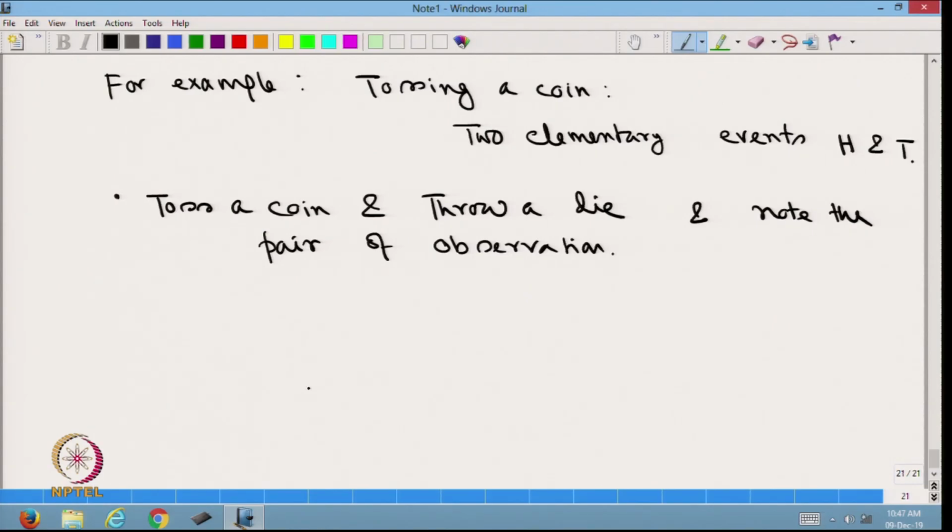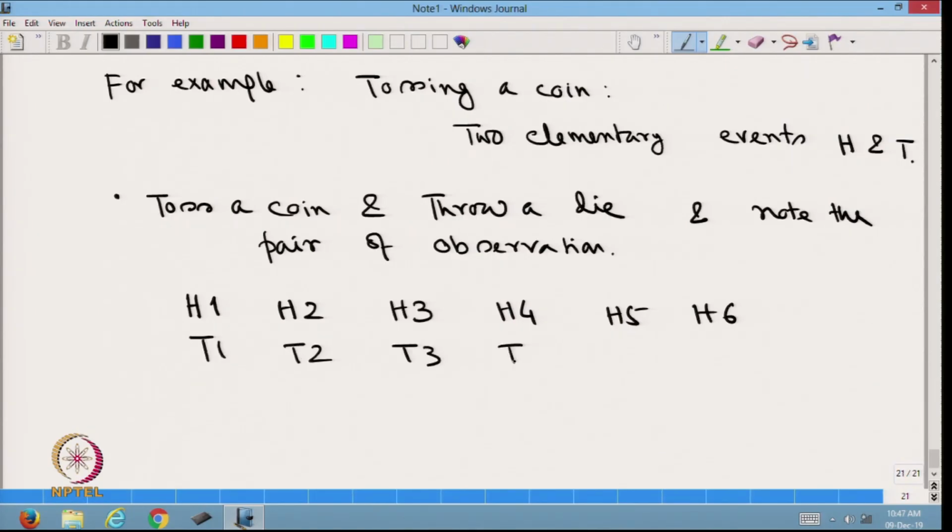Then there are 12 elementary events: H1, H2, H3, H4, H5, H6, T1, T2, T3, T4, T5 and T6. So, this set of 12 pairs is my set of elementary events, and together they are the exhaustive event.